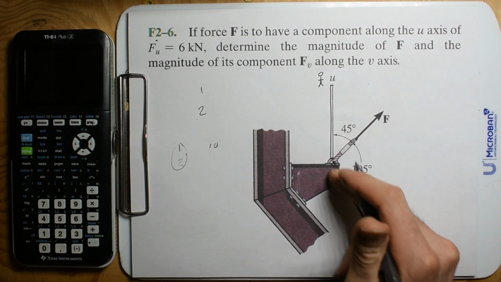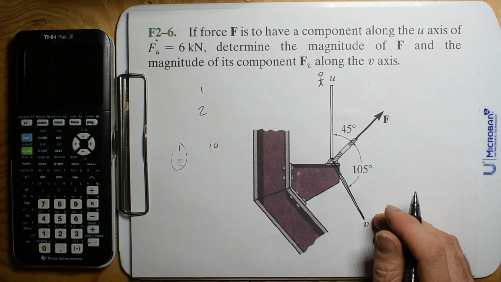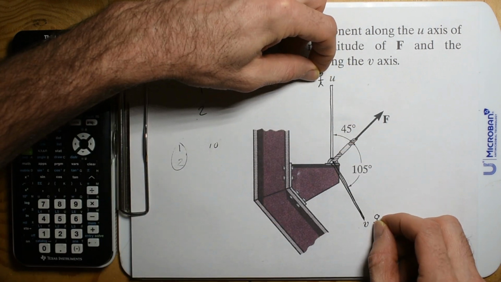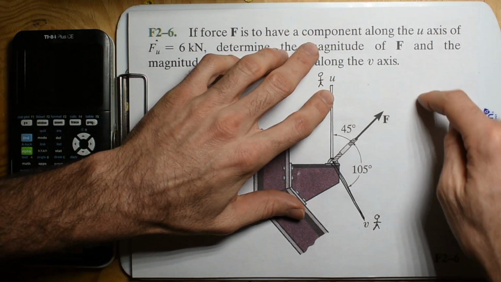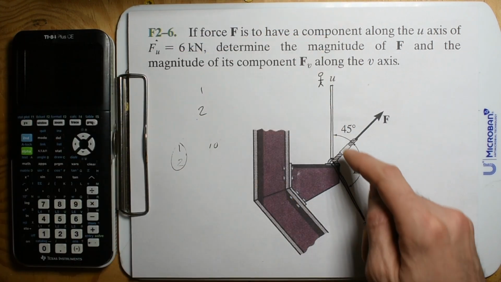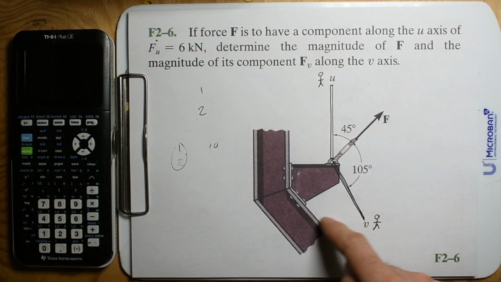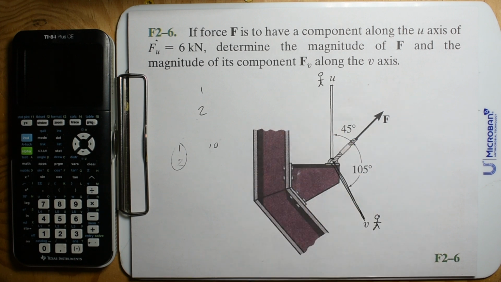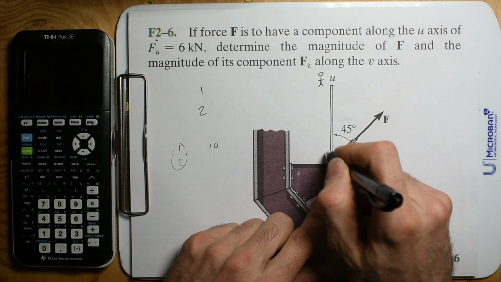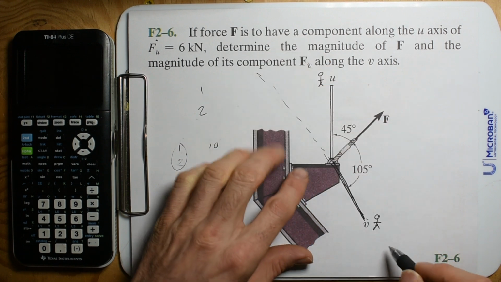They can either push on this or pull on this. If both people are pulling, your force is going to be somewhere in this quadrant. If both people are pushing, then your force is going to be somewhere in this quadrant. Now, if one person is pushing and the other person is pulling, you need to do like a 180.